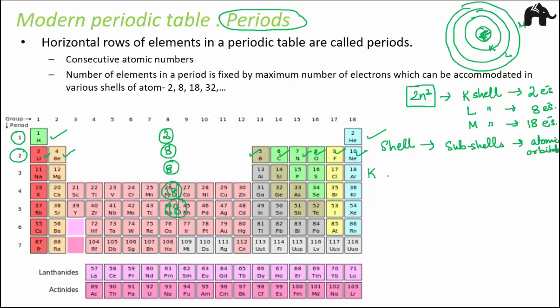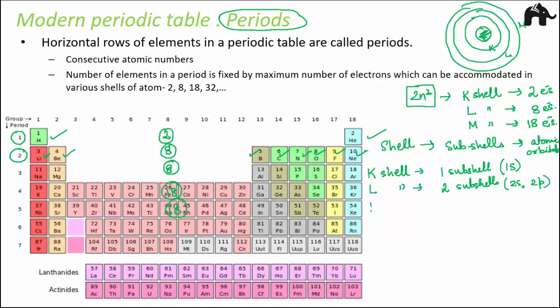Every shell, for example, if I talk about the K shell, the K shell has one subshell and that one subshell is 1s. If I talk about the L shell, the L shell has two subshells, 2s and 2p.